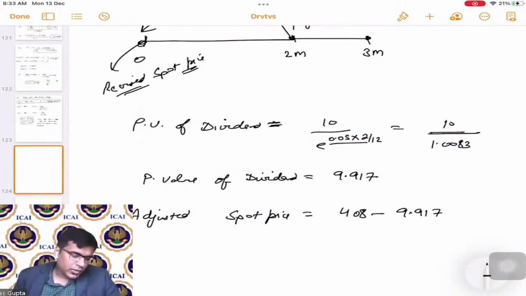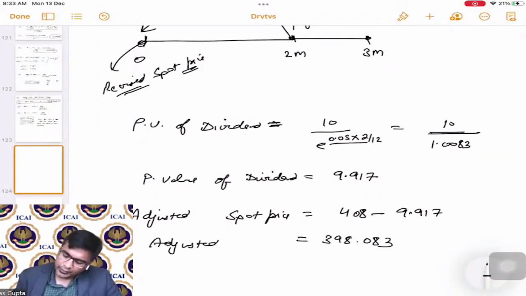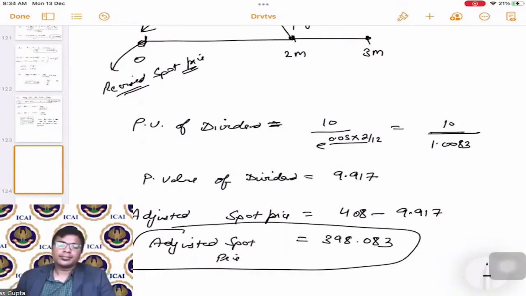Which is equal to 398.083. This is the adjusted spot price.